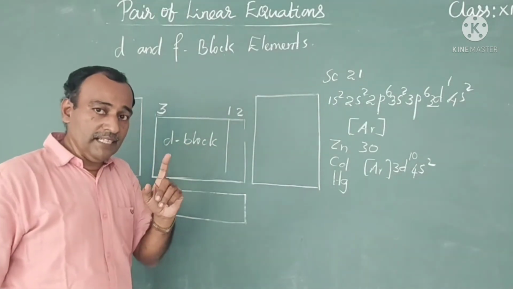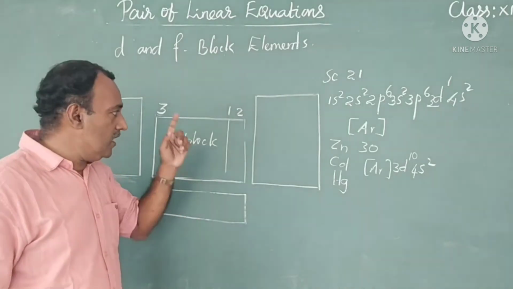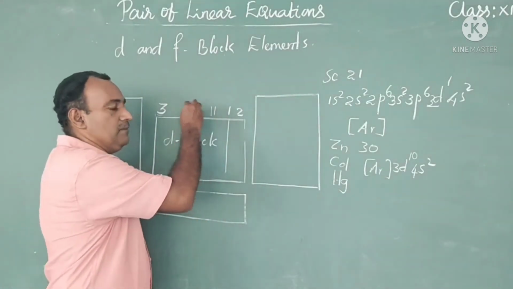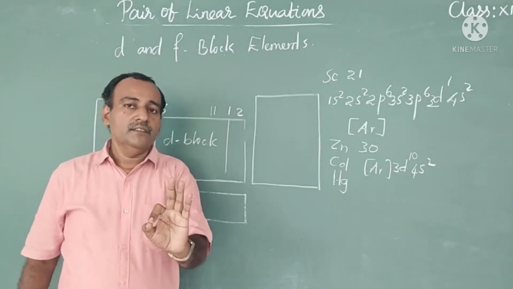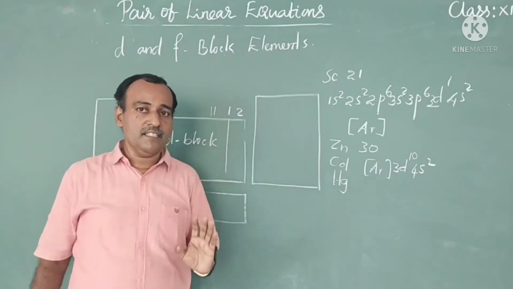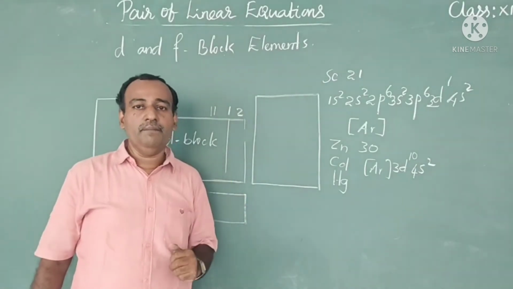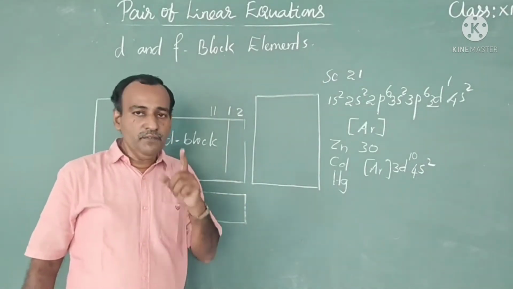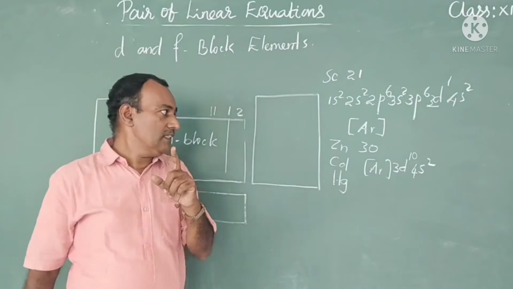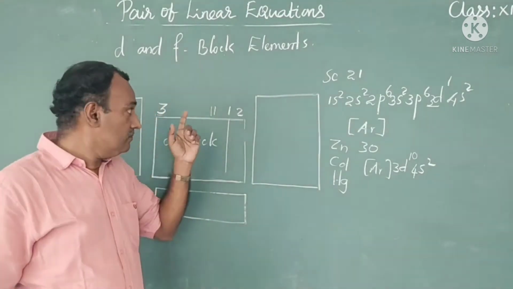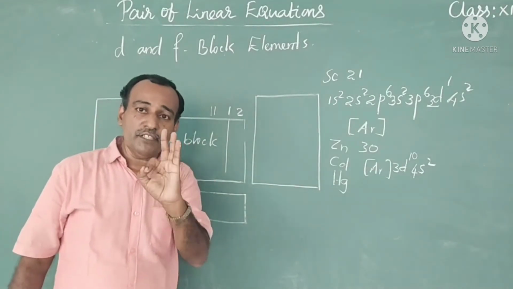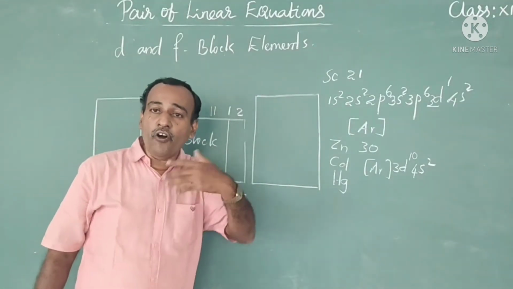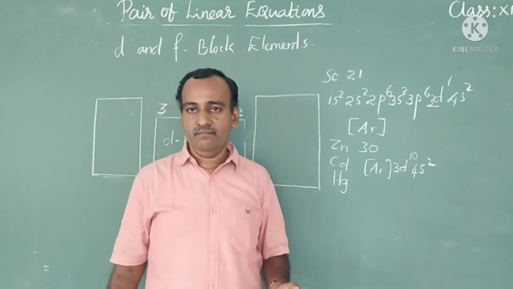If you write the electronic configuration of group 11 elements, the group 11 consists of copper, silver, gold. These are called coinage metals.